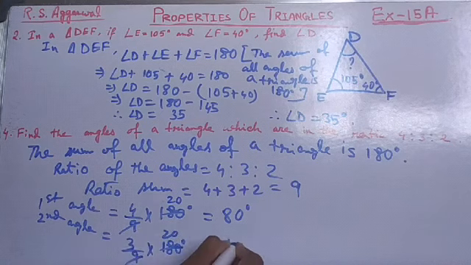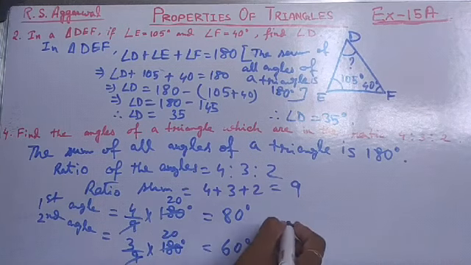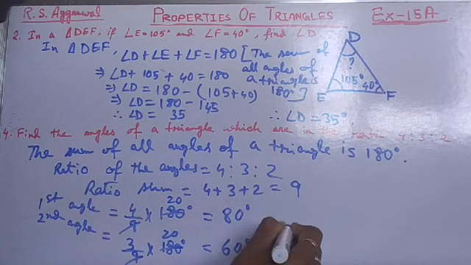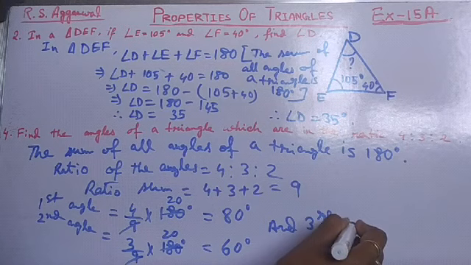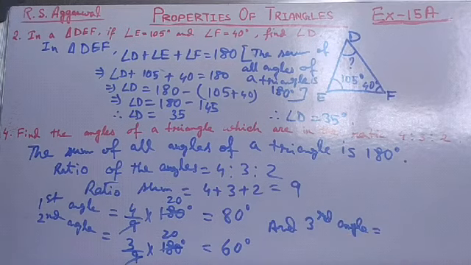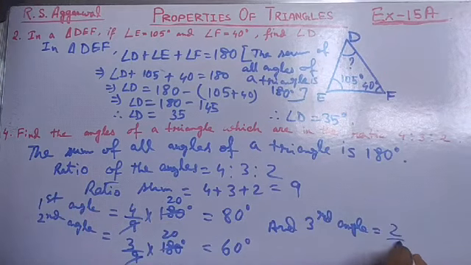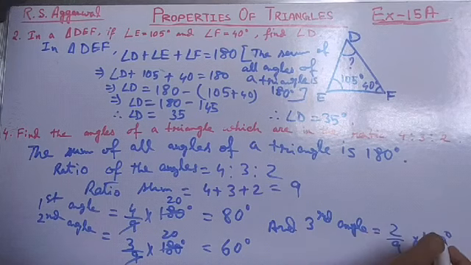That means 60 degree. And third angle is, the last part is 2, so 2 by 9 into 180 degree. That means 40 degree.